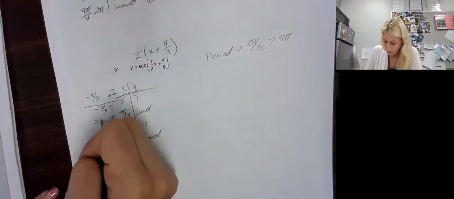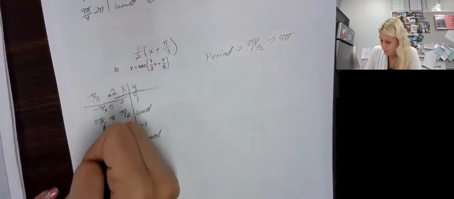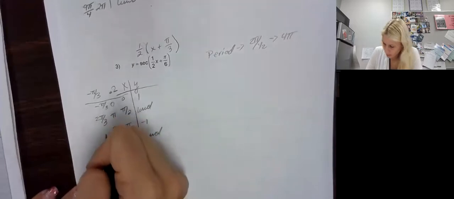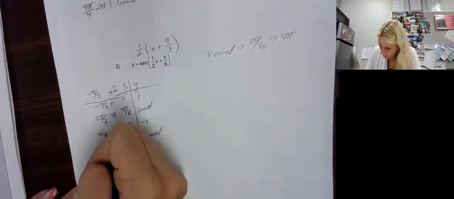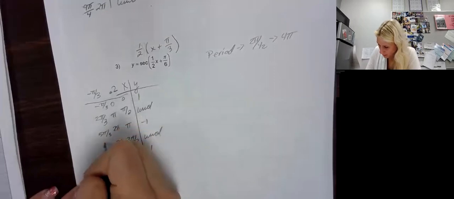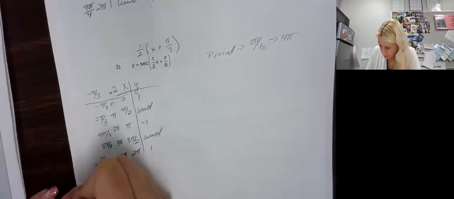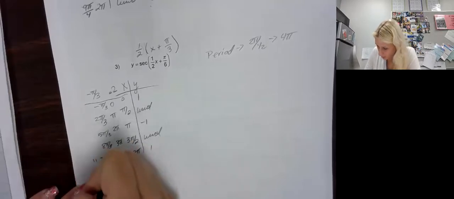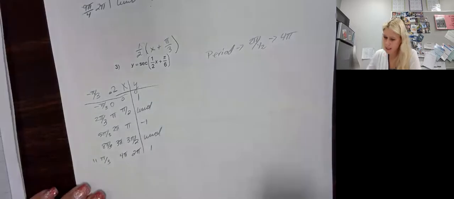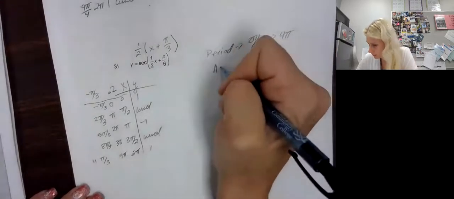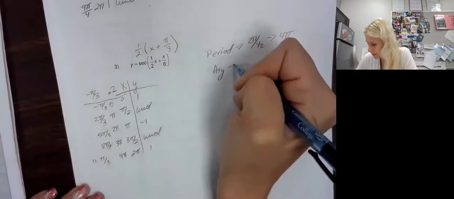Do this math really quickly. 2 pi over 3, 5 pi over 3, 8 pi over 3, 11 pi over 3. Asymptote. What is our first positive asymptote?